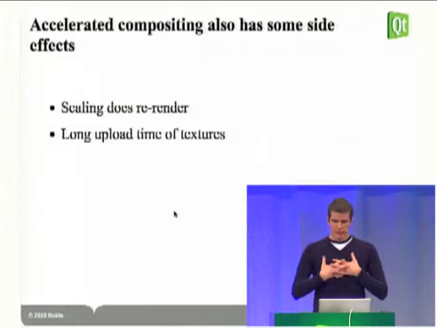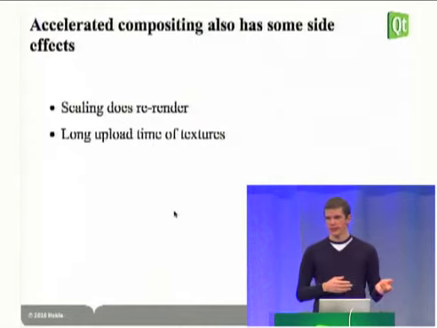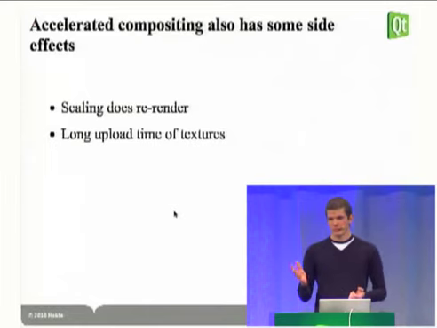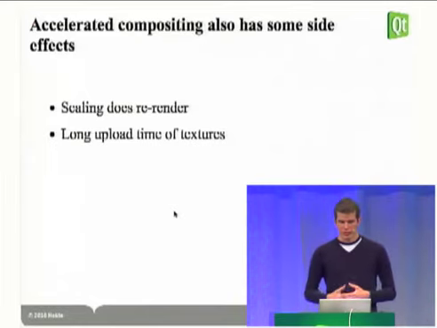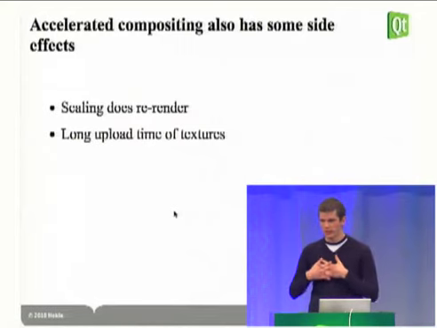And on mobile devices in particular, you can have issues with the uploading time of textures. So if you have a big element that is animated, and you have an ARMv7 board, something with a small GPU and not dedicated memory, or even with dedicated memory, the problem is you have a small bus.